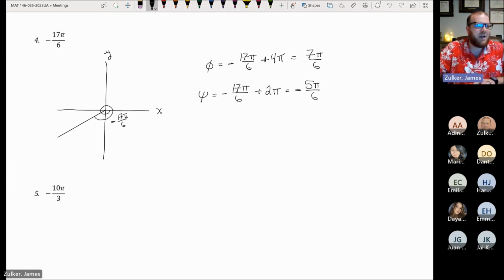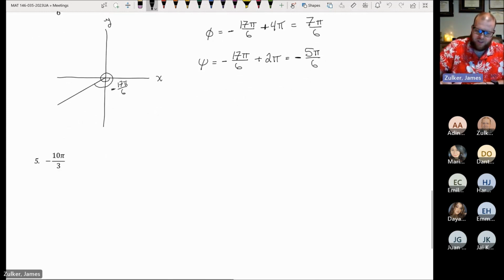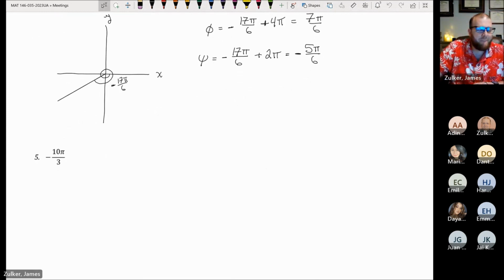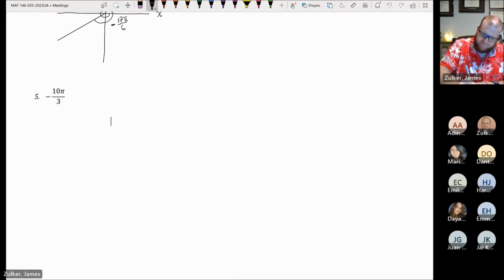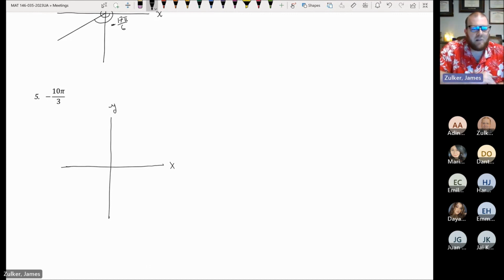Now let's look at negative 10 pi over 3. Again, notice that we're going to be going clockwise. We're going in the negative direction.